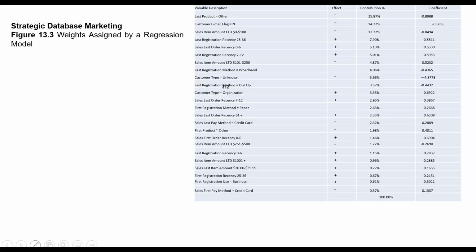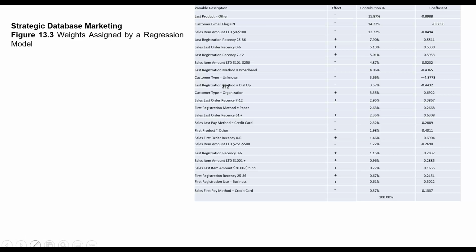Okay, so here on the left is a listing of things that you know about each responder versus non-responder, and you can see all these things. A lot of them are, did you dial up to register? Did you pay by credit card?